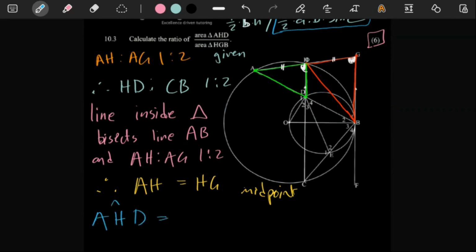is equal to HGB. The reason is that those are just corresponding angles. Okay, I think we're home free now.